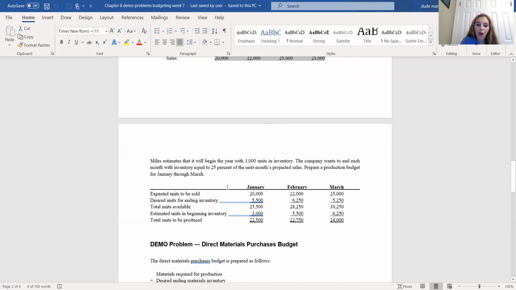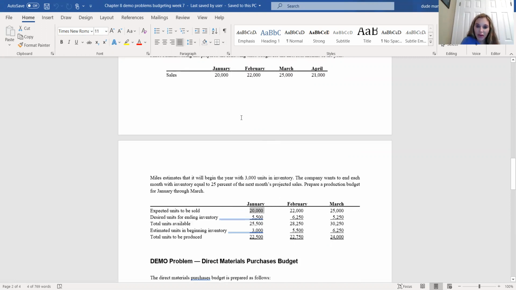So we know that we're expected to sell 20,000 from what's given up above. How do we know what the desired ending inventory is? Well, they do say in here that our ending inventory is going to be a portion of the next month's projected sales, okay? And then this estimated beginning inventory was given to us.